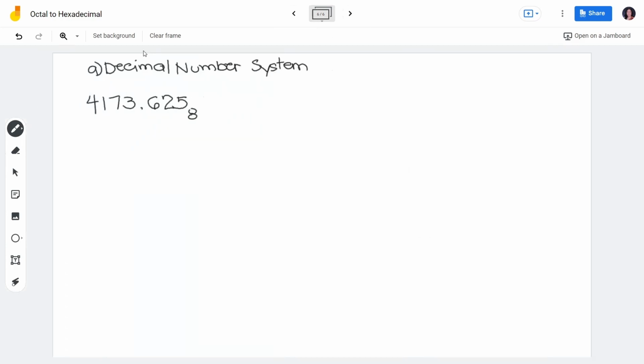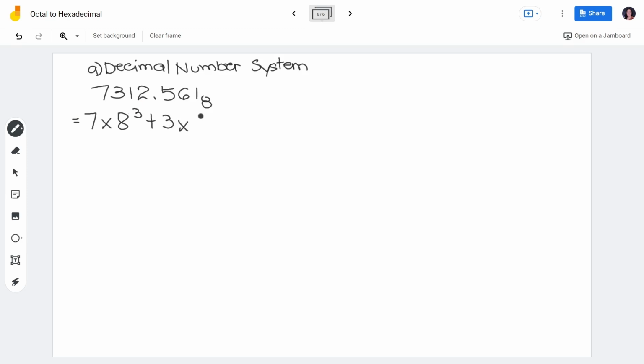So maybe let's just change. Actually, the examples that I'm giving here are on the spot. Okay, let's try 7312.561 base 8.